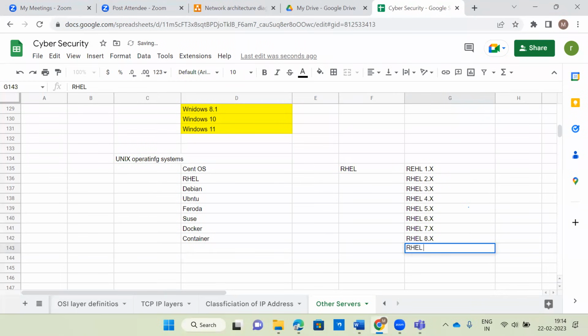Latest one is RHEL 9.x. Here 1.x means 1.1, 1.2, 1.3, 1.4 up to 1.9.